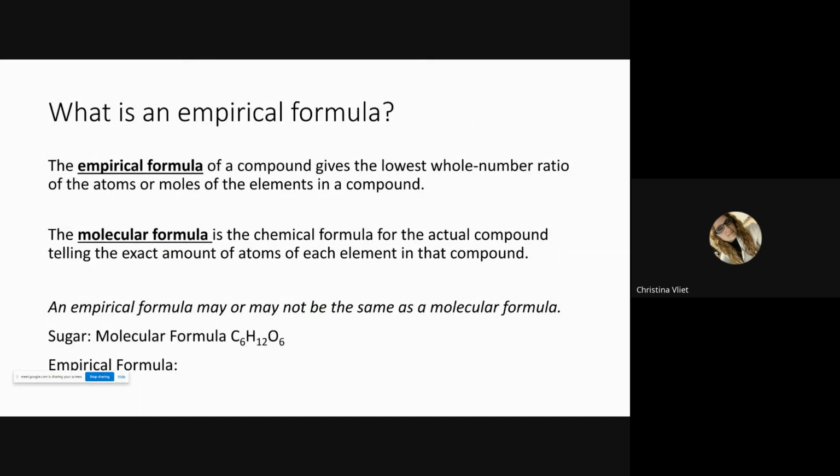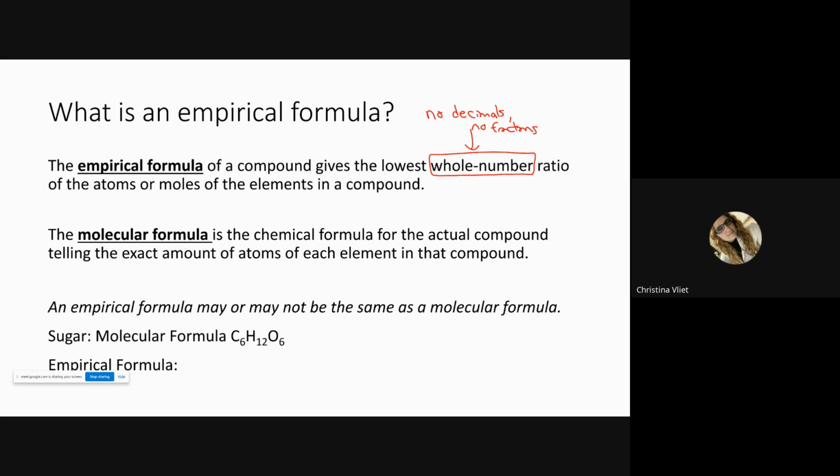Okay, so the empirical formula. This gives our lowest whole number ratio, and you may want to underline or circle whole number. Meaning there will never be decimals or fractions in your final answer. So no decimals, no fractions.